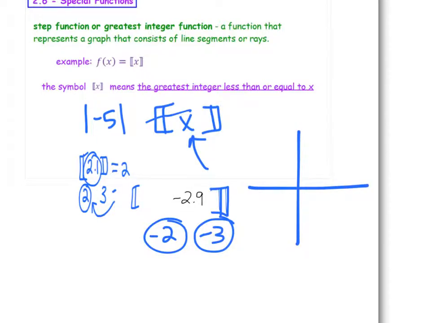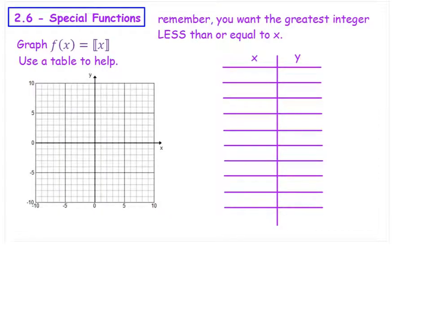We're going to graph the parent function, which is just the greatest integer function of x. So any number we plug in, we're going to take the greatest integer less than that number.